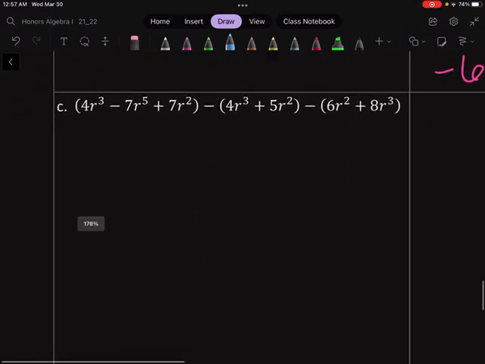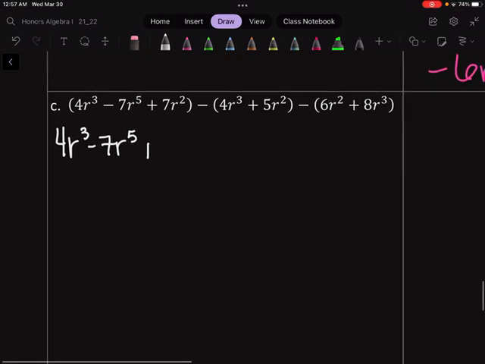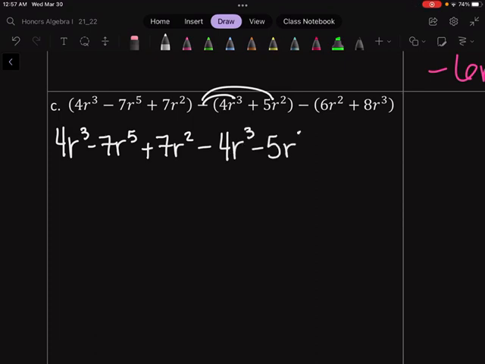Last but not least, got 3 babies here. And since it's only one variable, it's a lot easier to rewrite these things out when it's just one variable. And I've made mistakes, so I'm going to distribute this. I've made mistakes where I don't copy it well enough. So, kind of be careful with that.